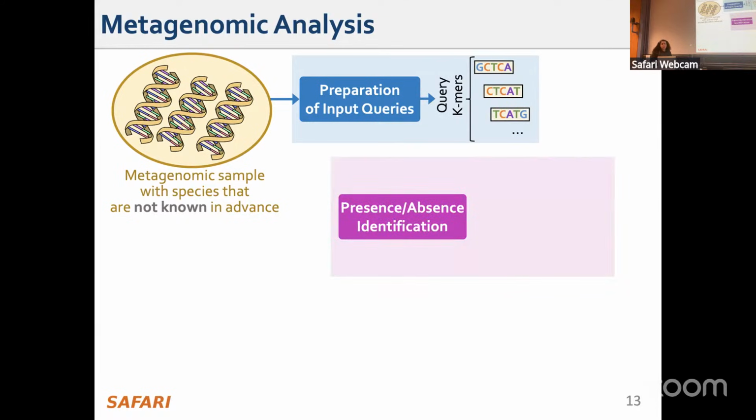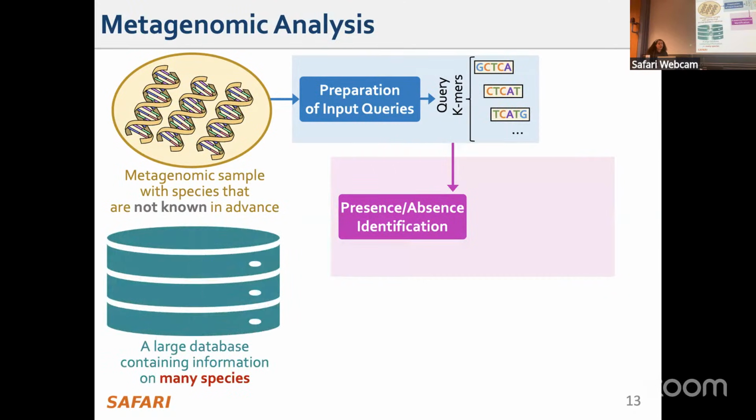The next step, of course, is to find what is present or absent in the sample. So we get these smaller subsequences and look them up in a large database containing information on many species. And these databases can be very large because depending on use cases, we might want to discover what's in the sample and might not find it in some usual databases.